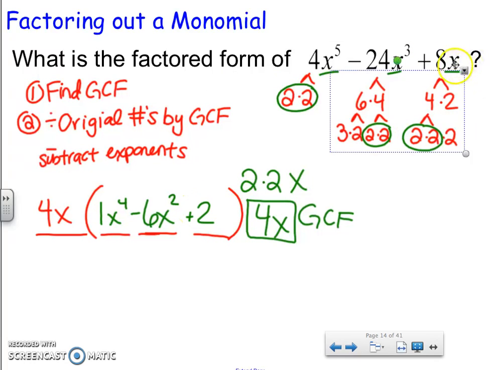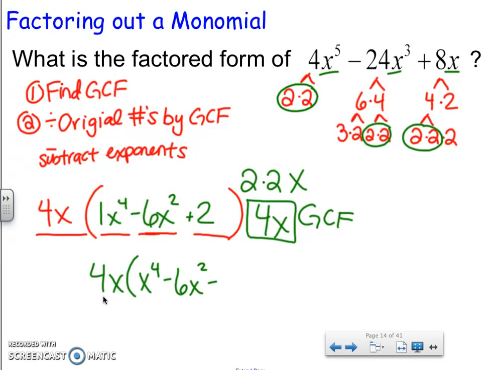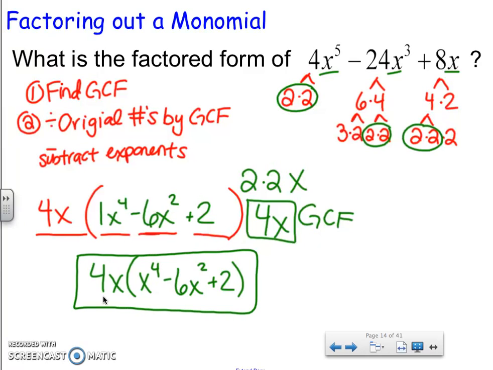And then x, I had 1 up here, and I took it away, so there isn't an x on that value in there, okay? And so this would be our answer. We would say 4x, we could just leave that as x to the 4th minus 6x squared plus 2. So this is the factored form of that polynomial.